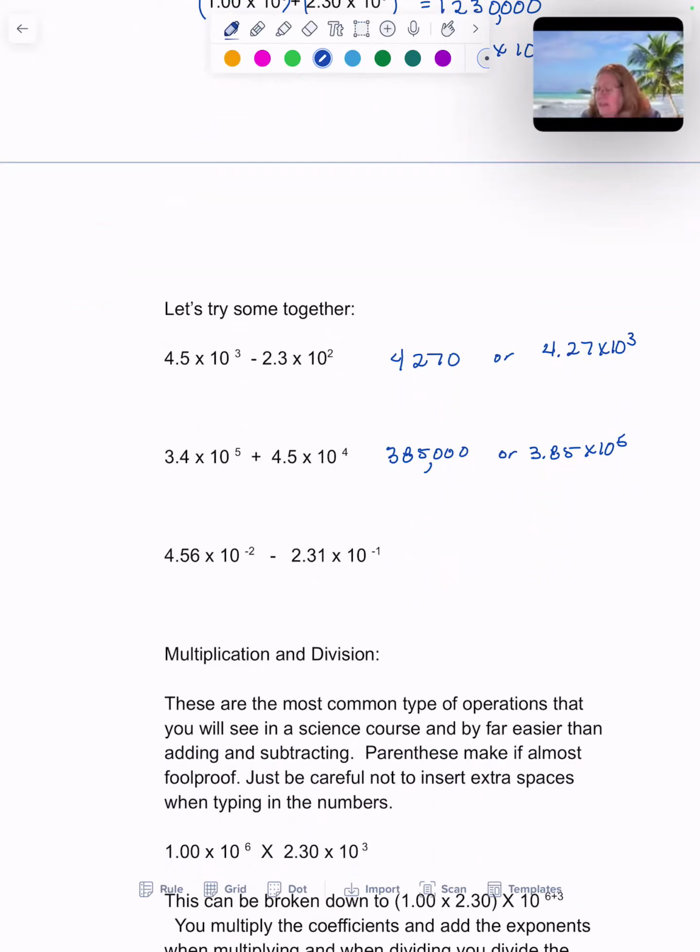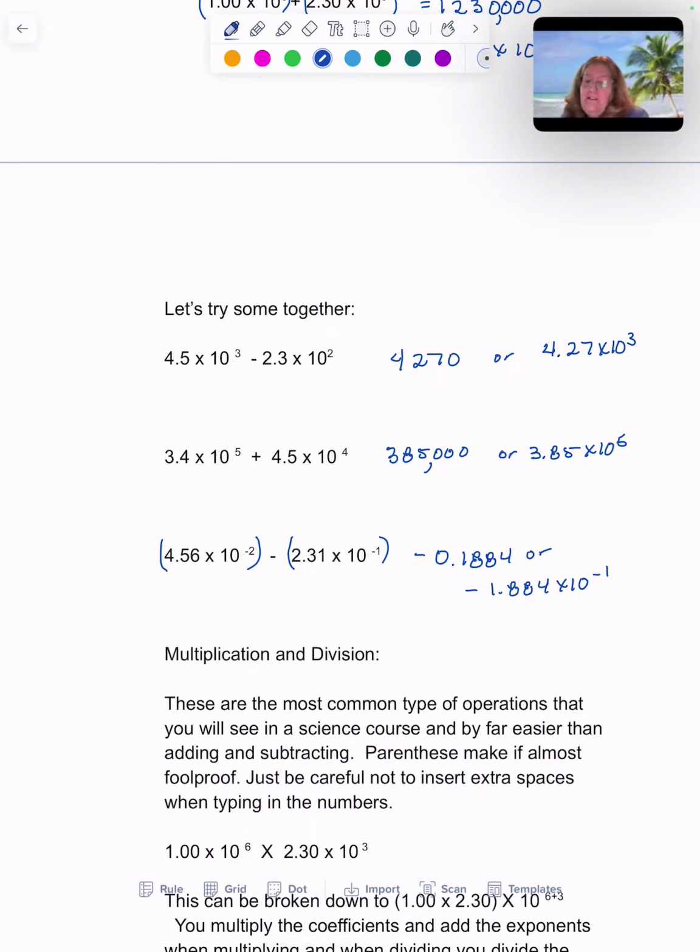And on these negative ones, these really do visually look better in your calculator to see if you're doing it right if you do put the parentheses in, but they're not always necessary. This is going to give me a negative 0.1884 or a negative 1.884 times 10 to the -1.